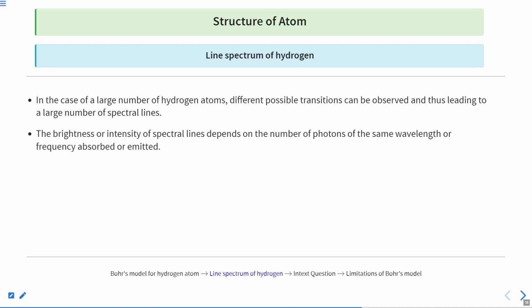The photon is basically the fundamental particle of light. That was given by Einstein, who considered light as a particle and named it a photon. So the brightness or intensity that we encounter is due to the number of photons and not due to the energy of the photons.